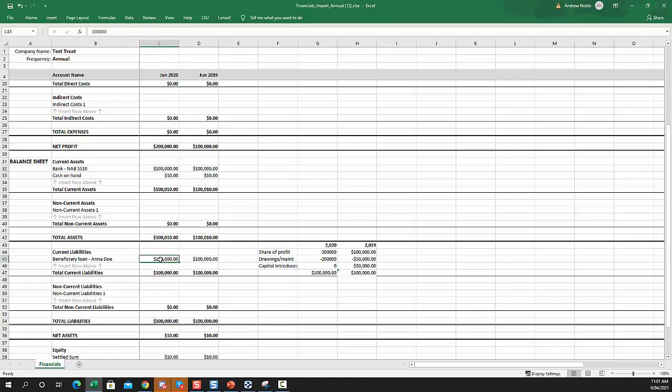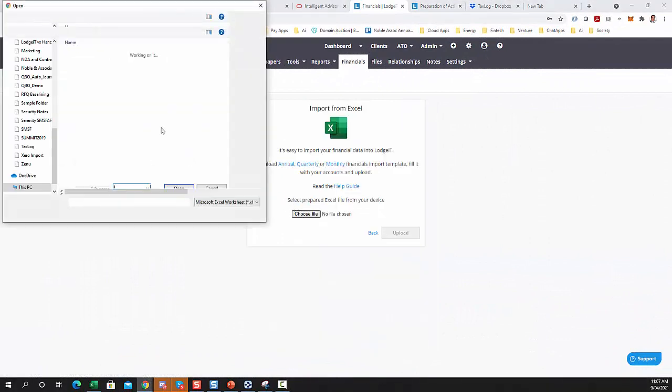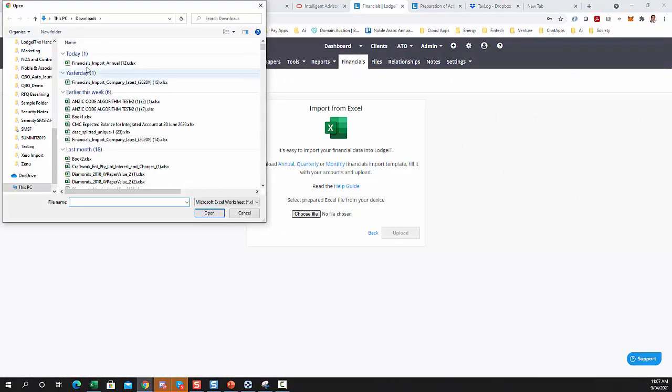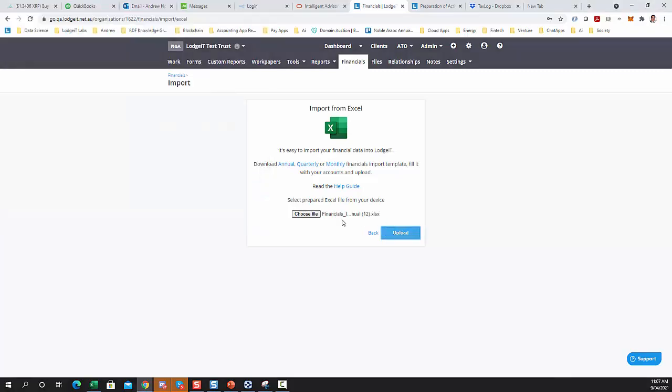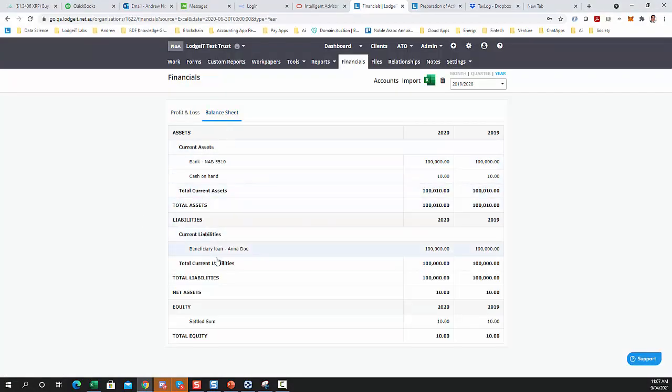So now let's have a look and see how that looks when we run it through Logit. Let's import that file. So balance sheet, beneficiary loan, we'll check the classification.